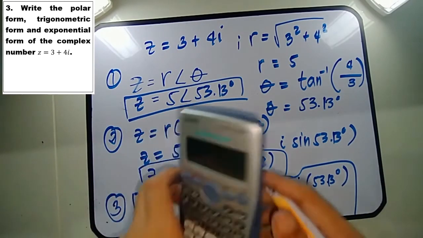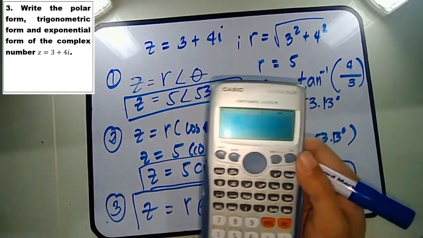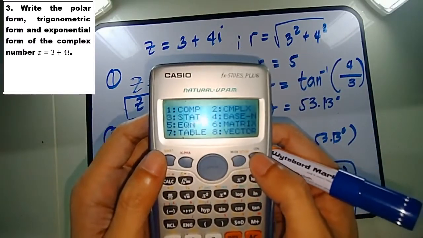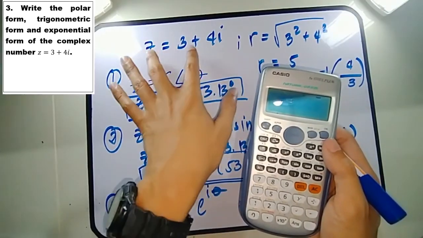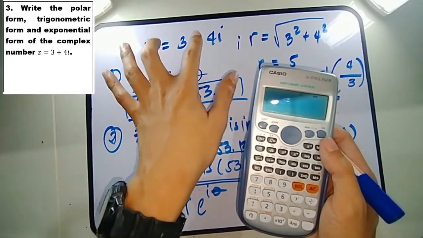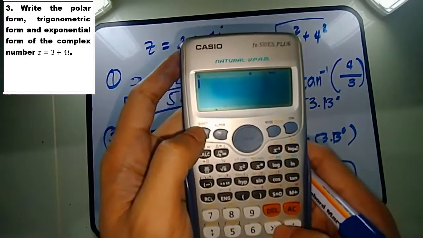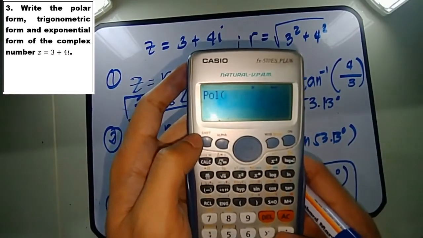So using our calculator, guys, I already showed this in the calculator techniques in our previous discussion, but let's repeat it here. In the mode for computation only, 1, we have here our rectangular, so let's convert it to polar. So shift, we have here shift and Pol, that is plus here.